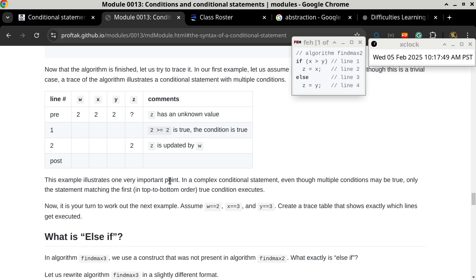Is that okay? Okay. Any other questions related to the content of today's lecture or the homework assignment? Yeah, sure. That is the precondition. Yes.